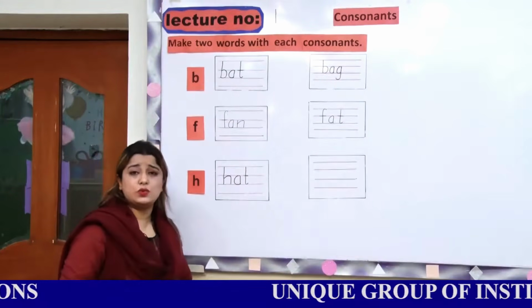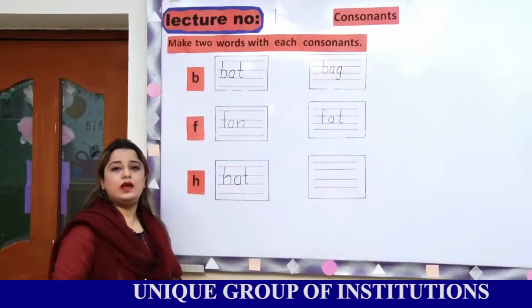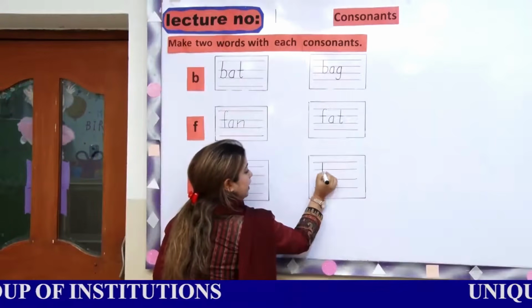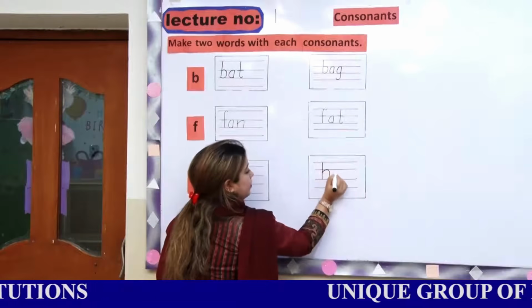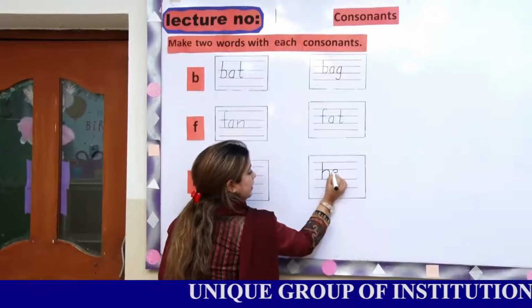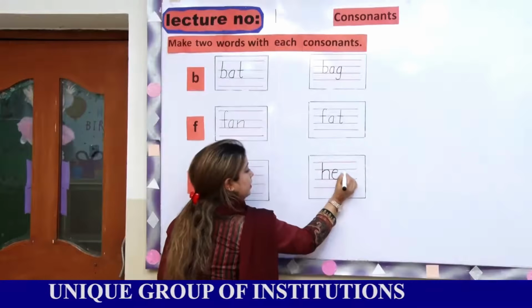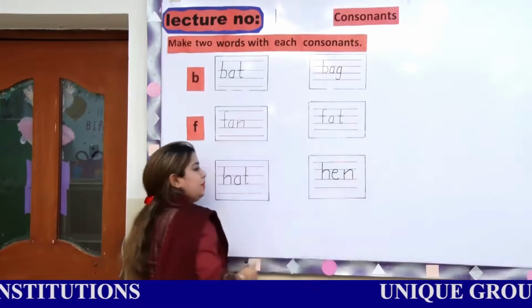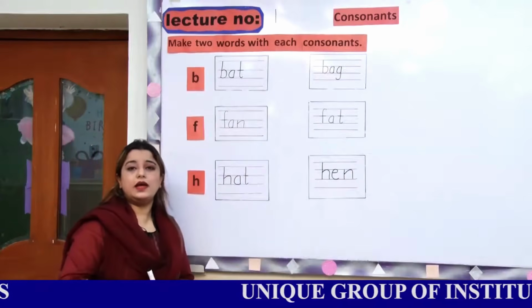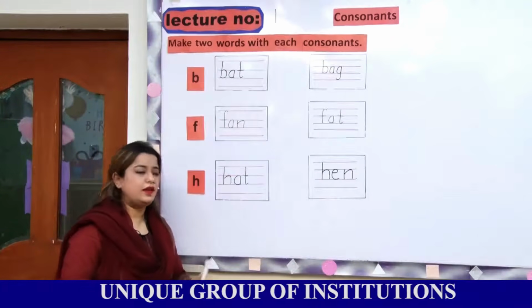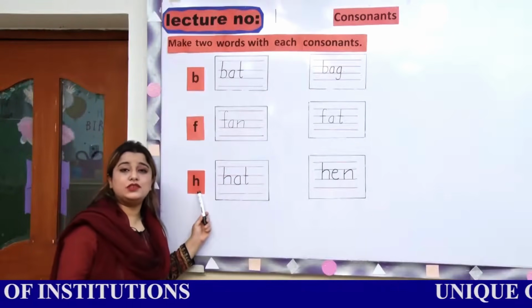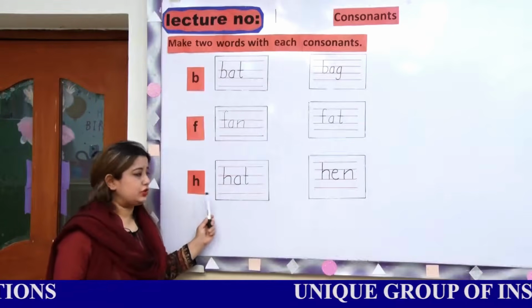And what will be the next word? Hen. H, A, N, hen. Again, we are going to revise the words which we have made with the consonant H.